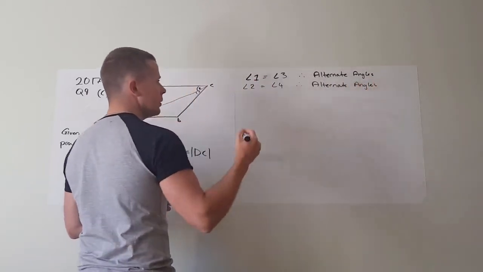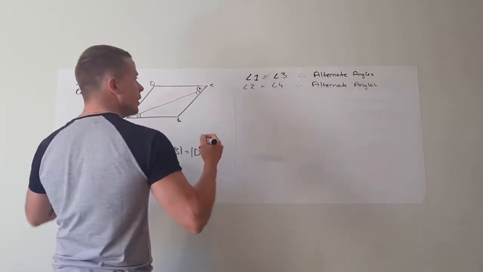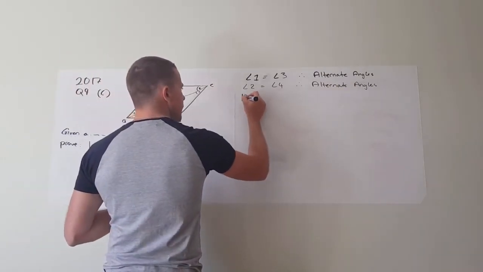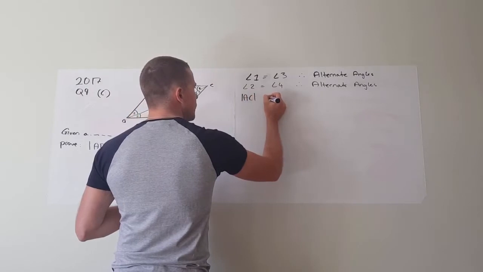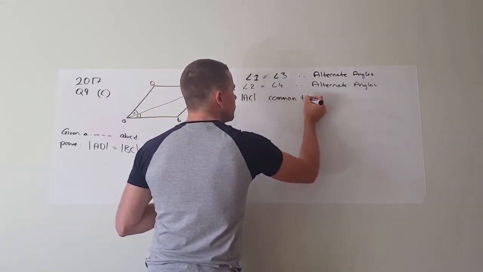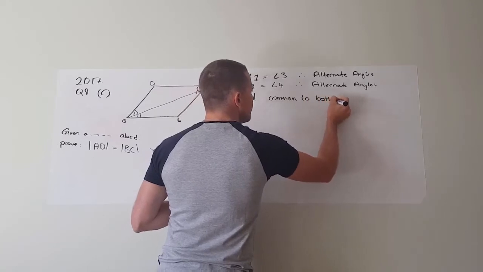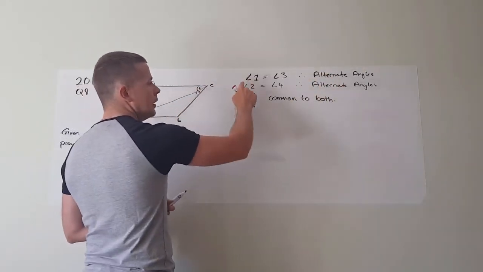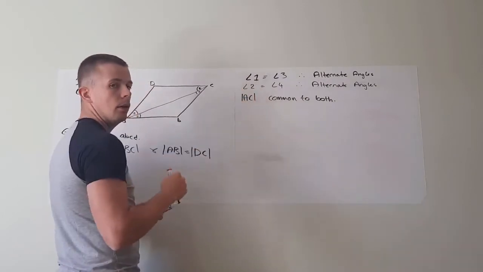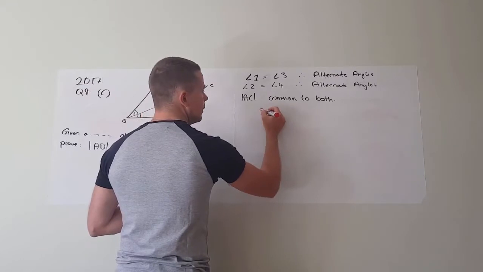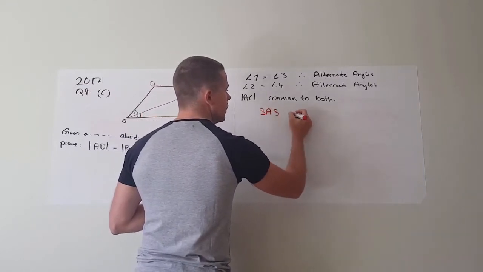Also then, the side AC is common. So, what have we done? We have now proved angles and a side. Okay, and that is one of the ways that we can prove congruence.